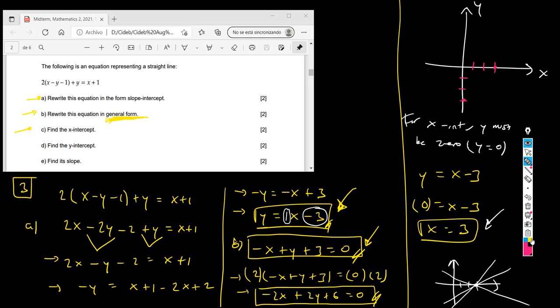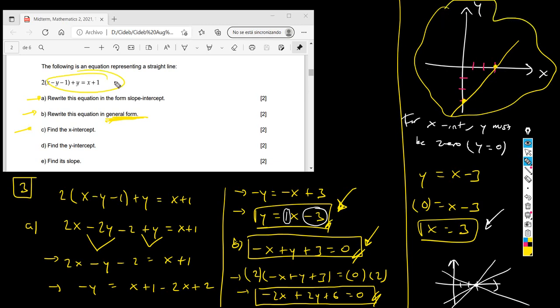That's all you need in order to draw properly the graph of this line. Crosses in here and in here. Now this is the diagram for this particular line. And the slope is 1, according to the slope-intercept form of this equation. Problem solved.